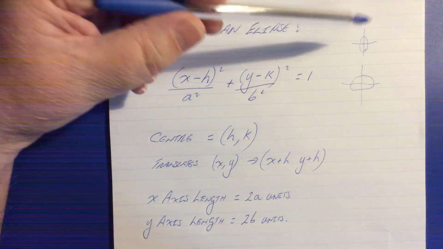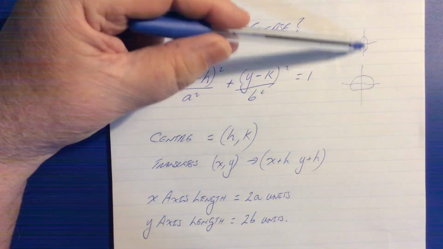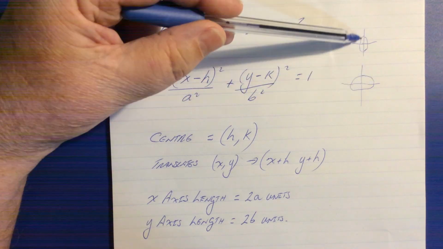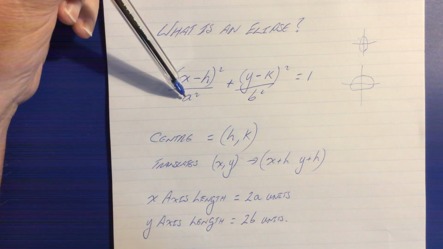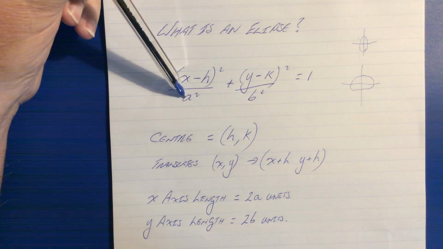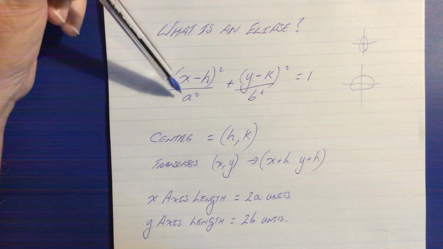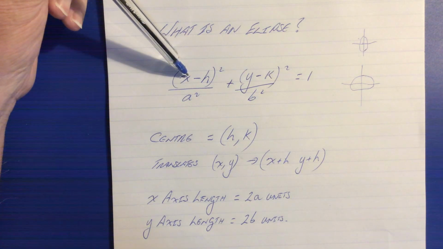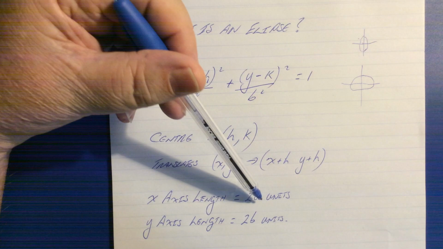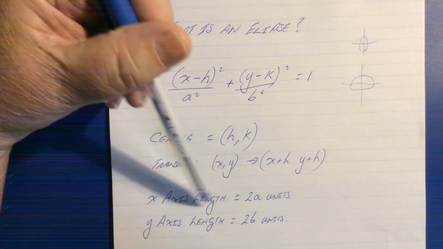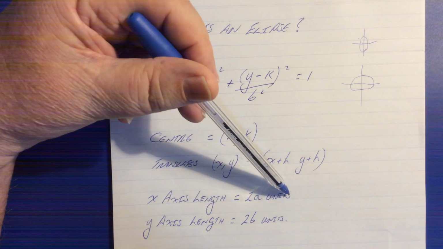Now, how we get this distension along one or other of the axes is as follows. That's this little thing here and here. So distension along the x-axis is 2a units. The x-axis length is 2a units.